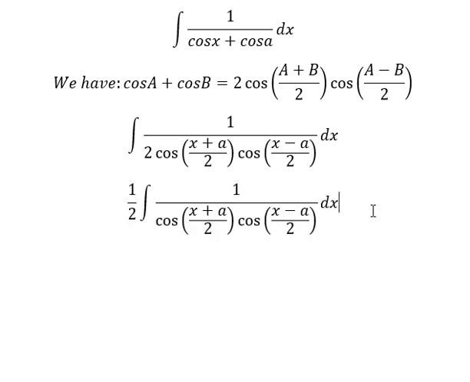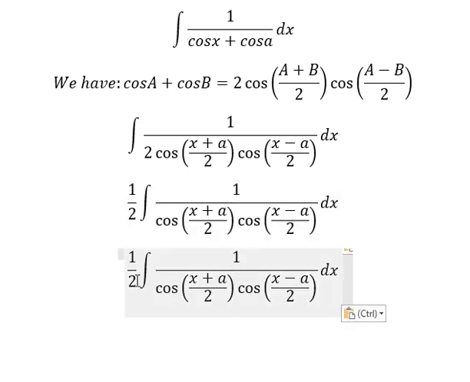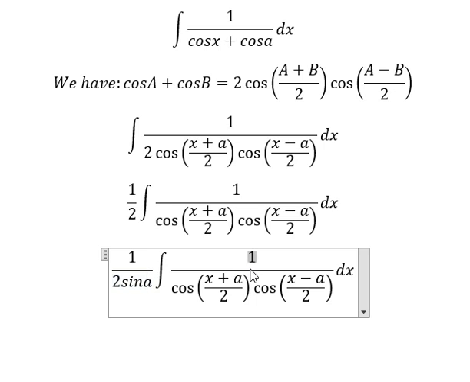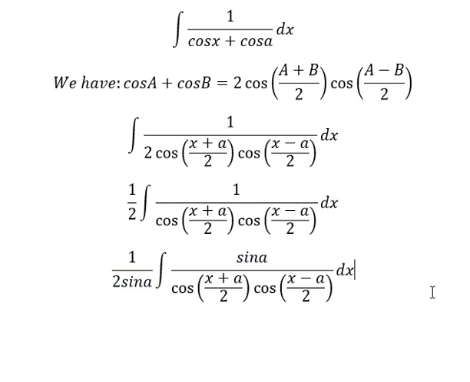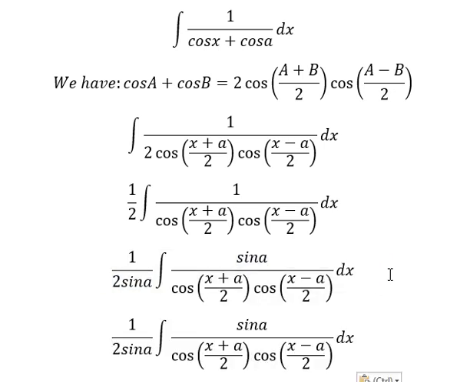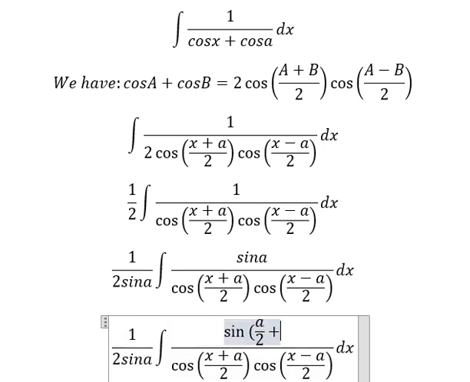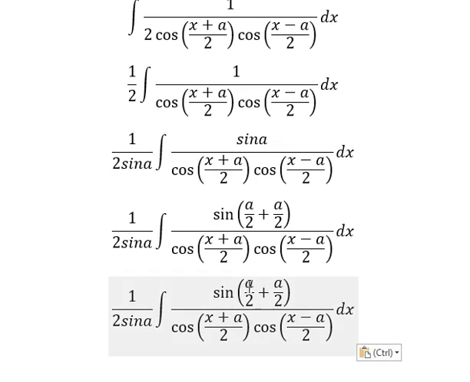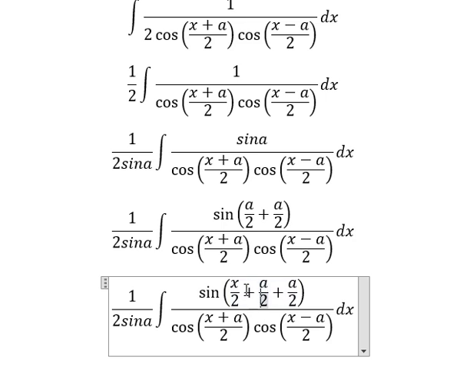Next, we need to multiply by sine a on numerator and denominator, about a over 2 and a over 2. Next, we need to add about s over 2. Later, we need to minus about s over 2.